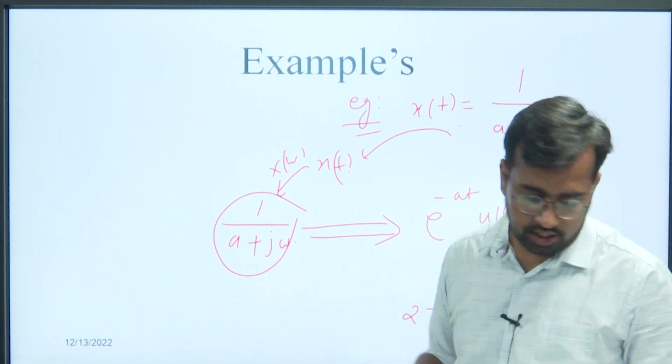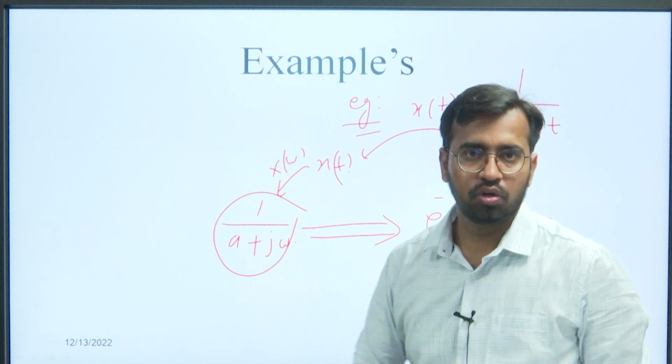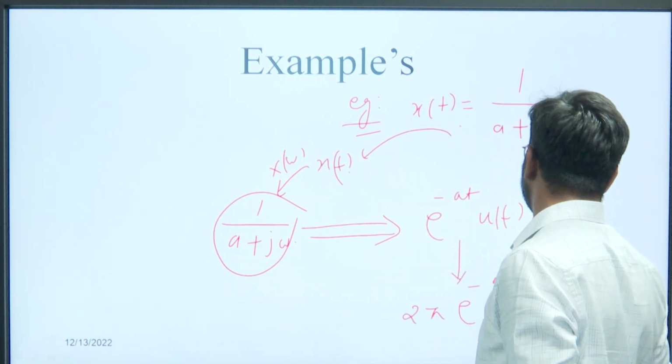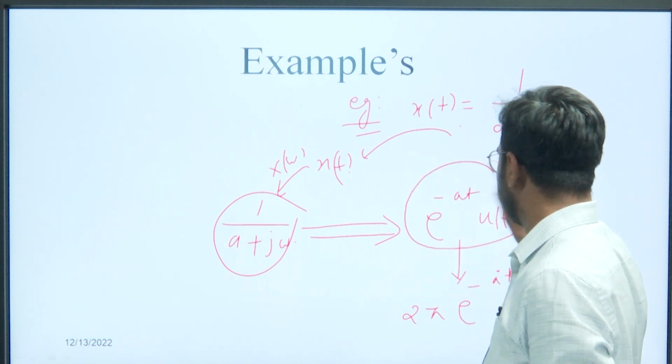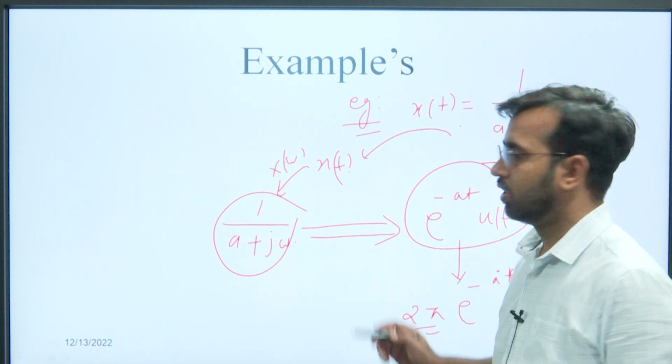So finally we write u(minus omega), where you just have to replace t by minus omega, and write 2 pi e to the power a omega. So this was the final result.